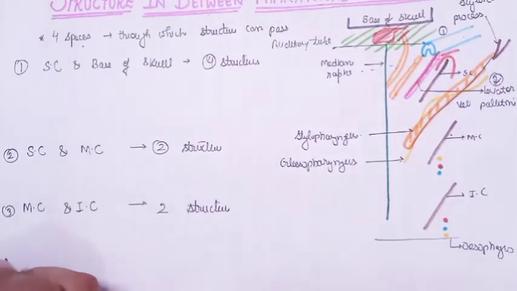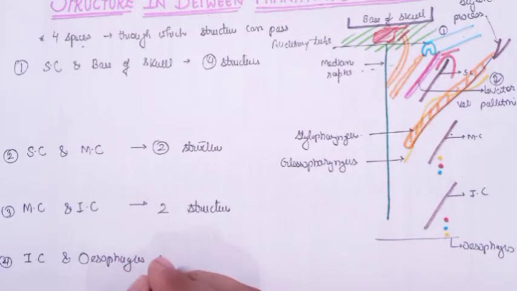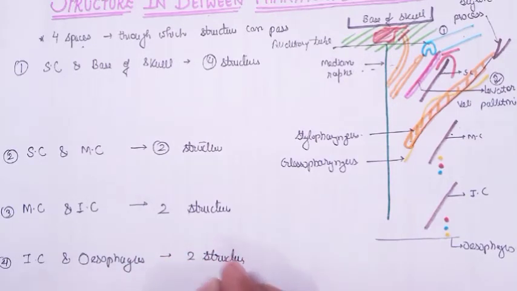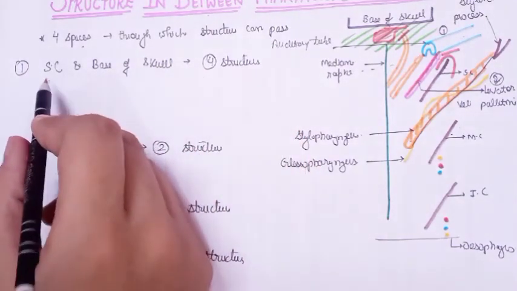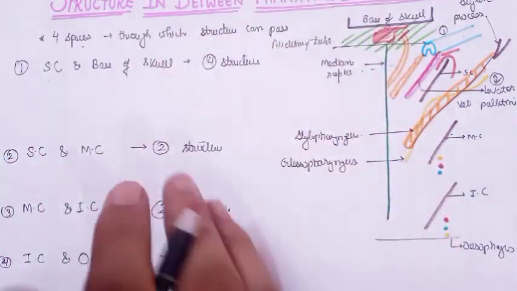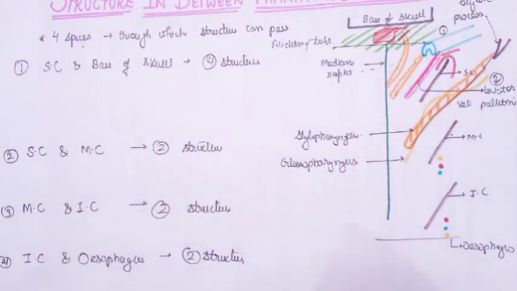Now the fourth space is between the inferior constrictor and the esophagus, in which we have two structures. Except for the first, that is between the superior constrictor and base of skull, the rest have only two structures between the different pharyngeal muscles.